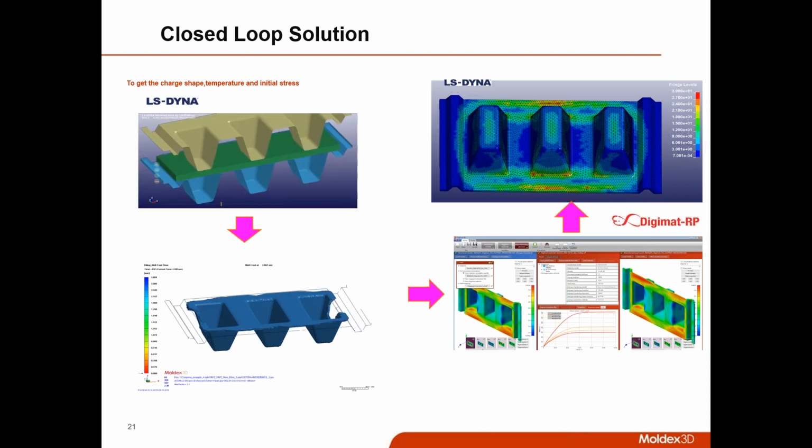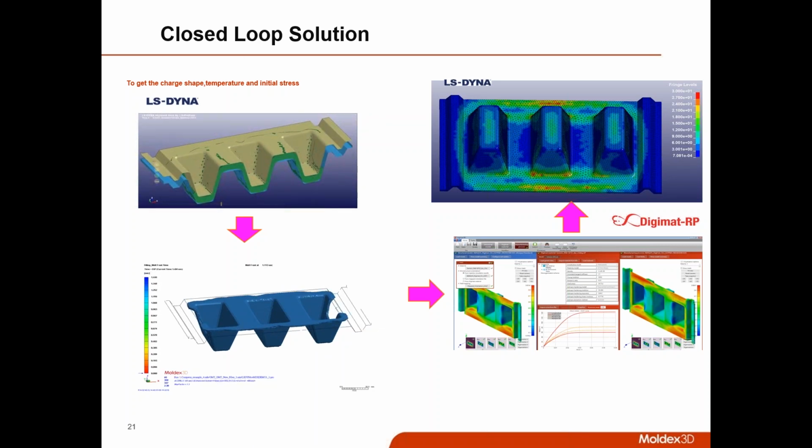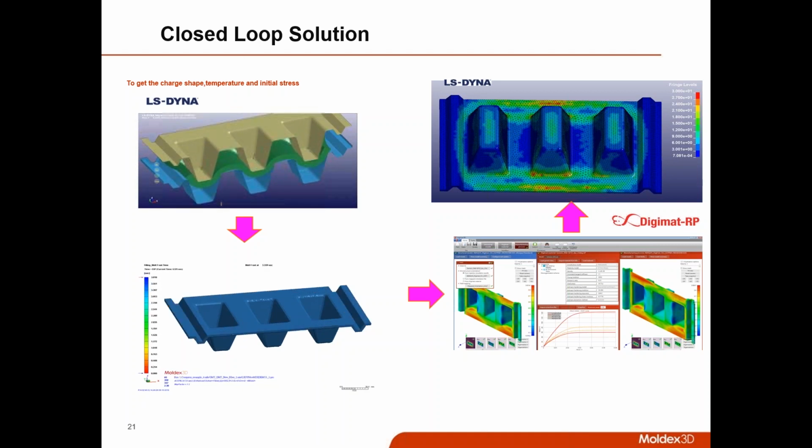So this will give you more realistic anisotropic properties so that when you do the FEA analysis, it will be better or more correct than an isotropic part.